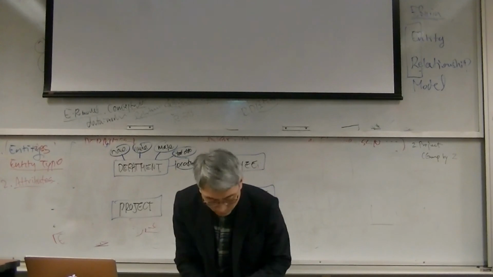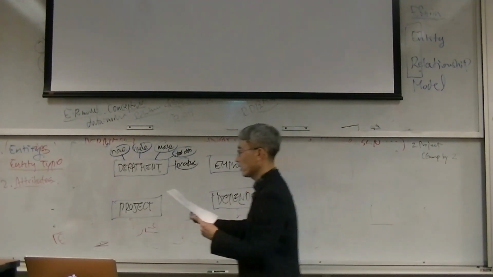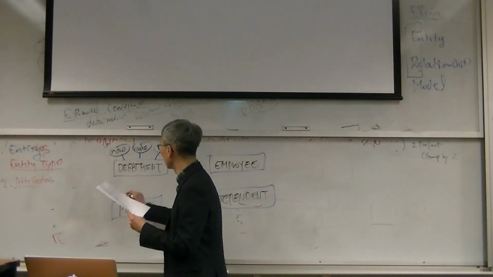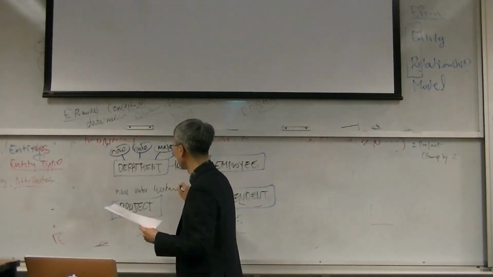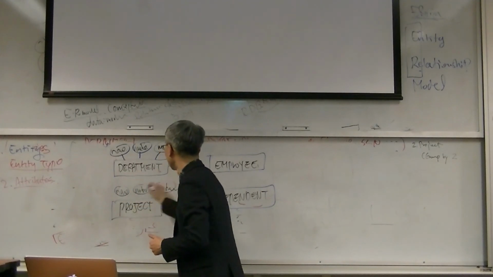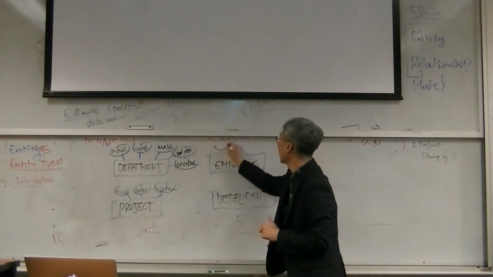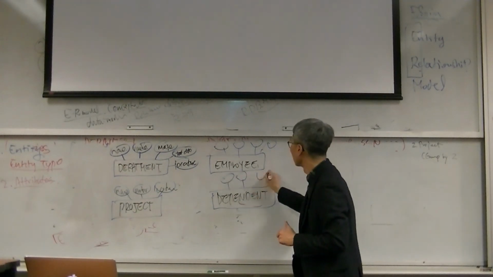Similarly, we can create the attributes for the project. Project has a unique name, unique number, and the location like that. So same thing. Connect. Employee is the same thing, and dependent is the same thing.